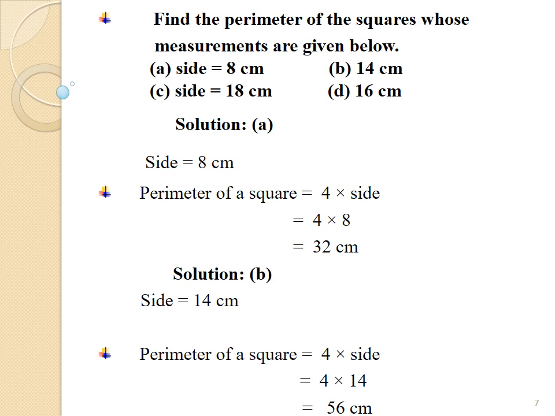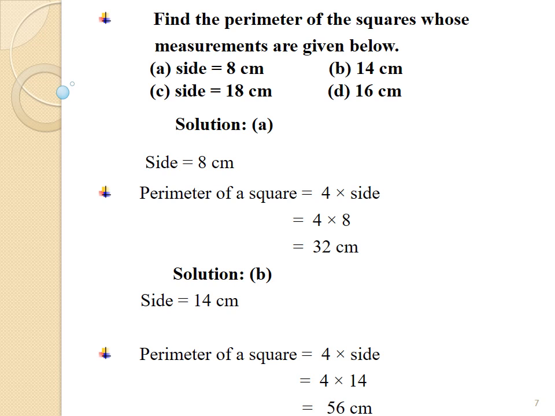Now, question number 2. Find the perimeter of the square whose measurements are given below. Students, in the previous question, we found the perimeter of rectangle. In this question, we have to find out the perimeter of square. Students, you have to remember that perimeter of a square equals to 4 into side.